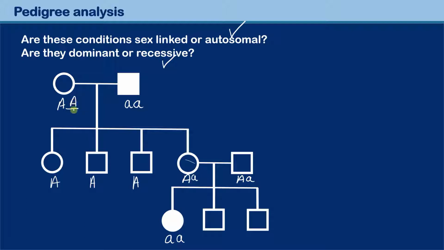Otherwise, we would expect about 50% of the children to be affected. So it's a capital A, and over here each a lowercase a. Okay, so let's move on to the next example.